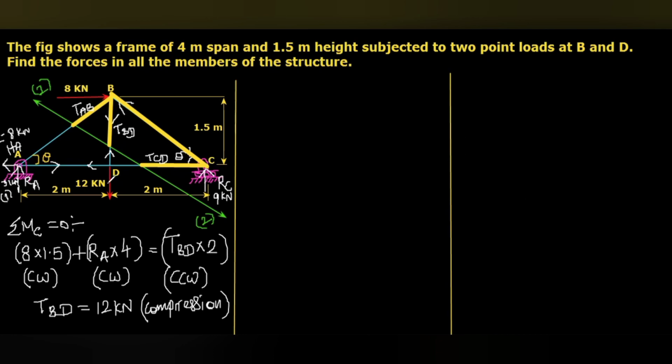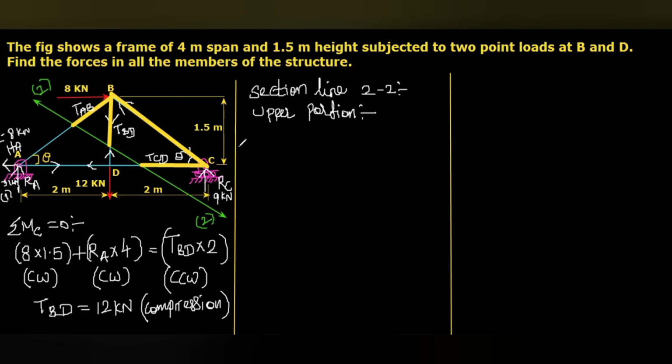The point loads 12 kilonewton and these 2 reactions are not in the considered portion, so we won't consider them. Now with section line 2-2, we are going to consider the upper half, that is the upper portion of the segment.